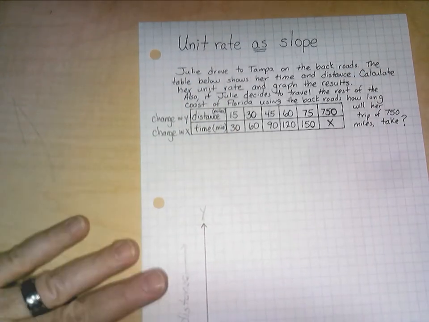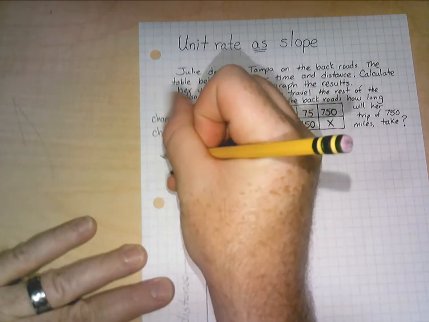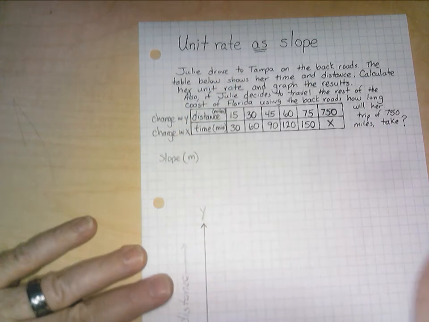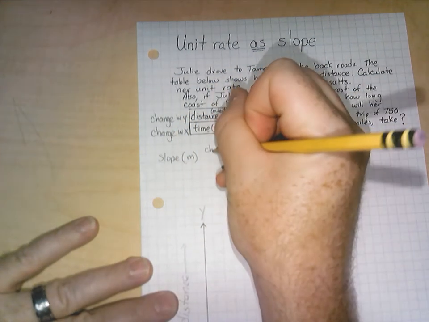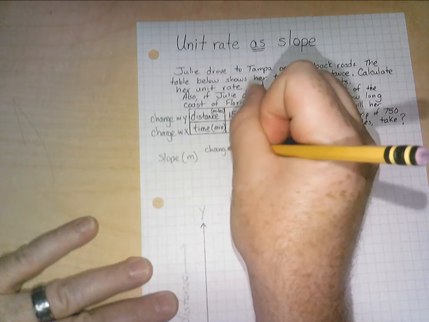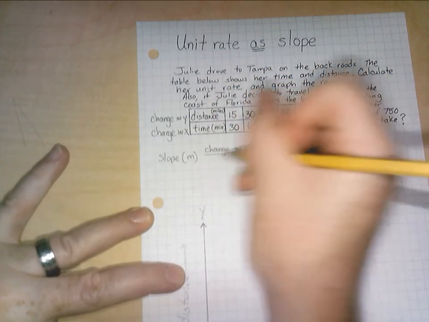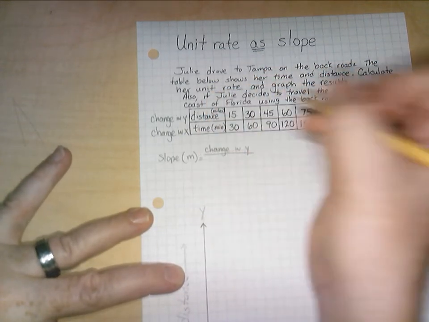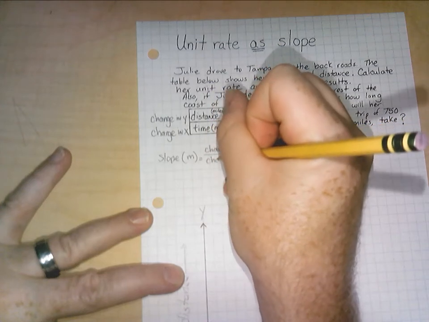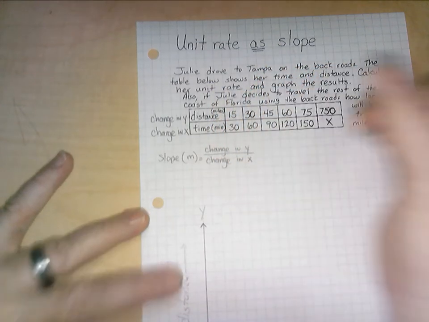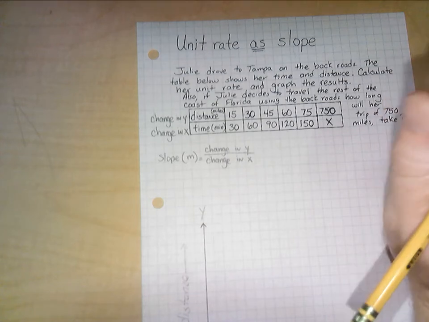And basically that's what slope is all about. Slope, which we refer to as m, is change in y over, like a fraction or a ratio in this situation, change in x. You can basically divide the y by the x.